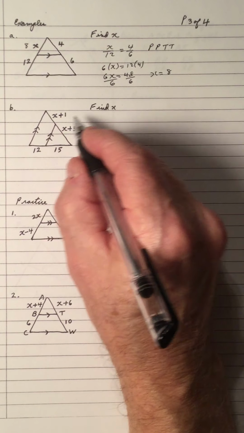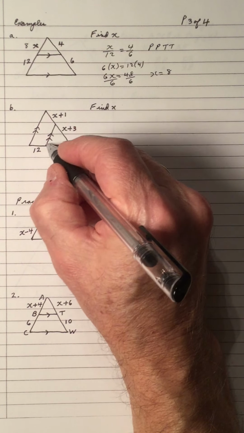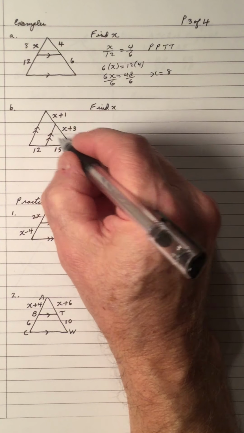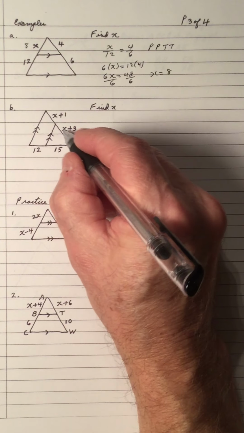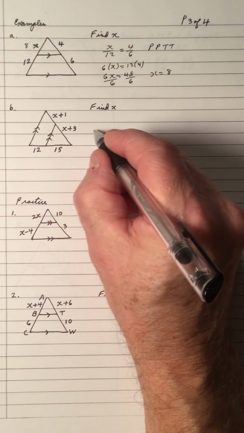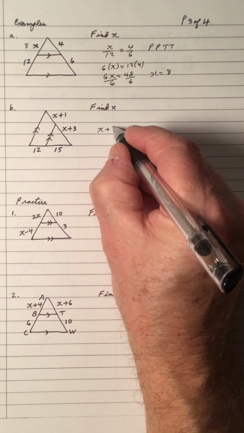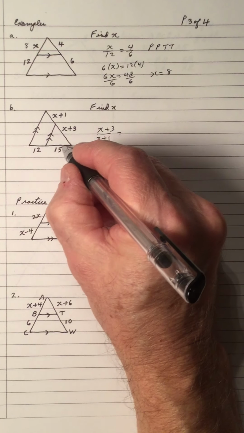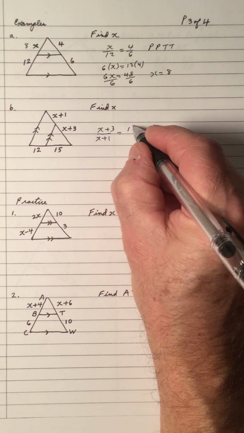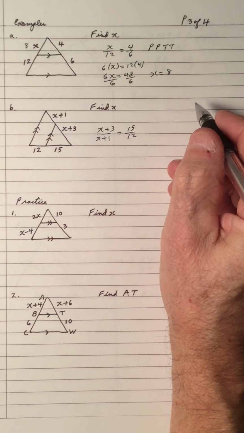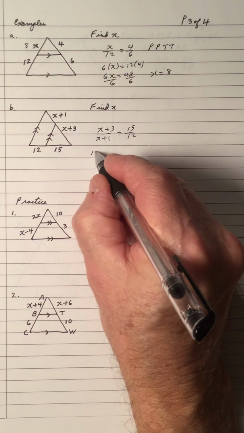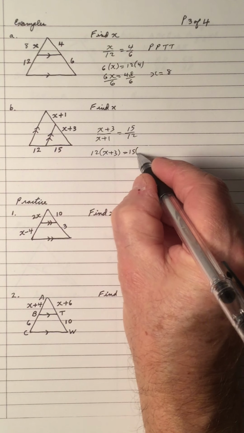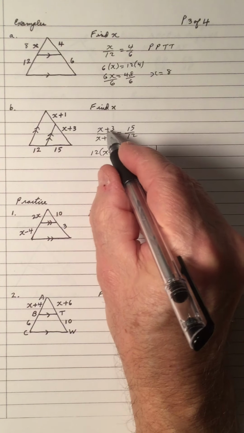Another one, we have these two sides parallel to each other in this triangle. So we have proportionality. So we could say that x plus 3 over x plus 1 equals 15 over 12. And if we cross multiply, 12 times x plus 3 equals 15 times x plus 1.